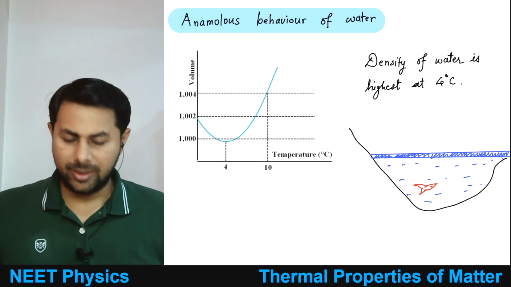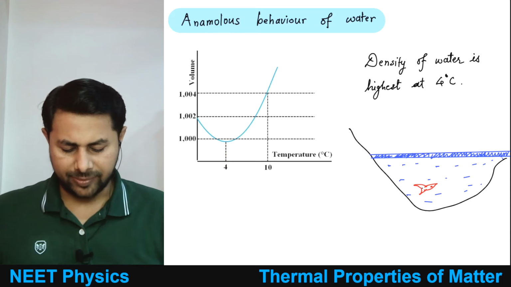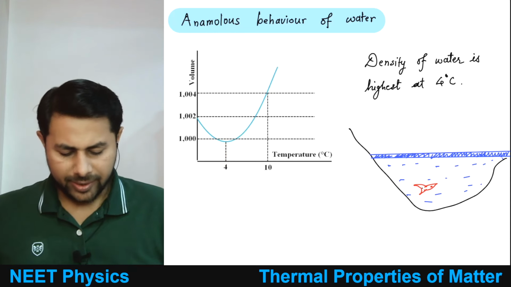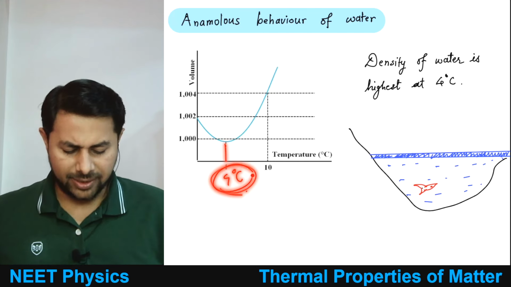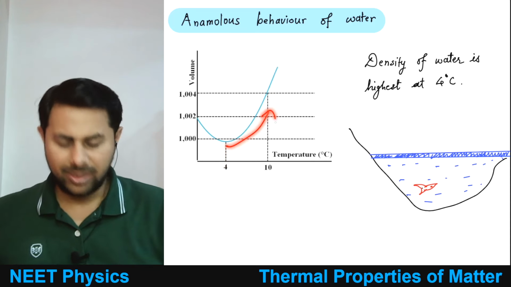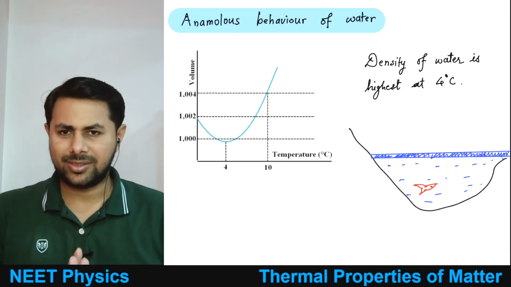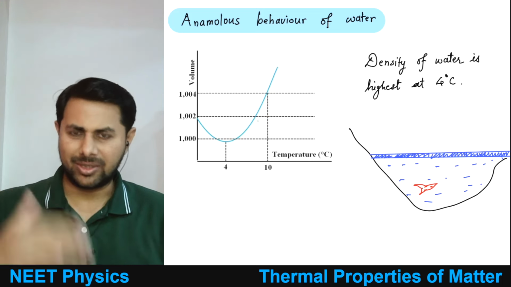But water shows its highest density at 4 degrees Celsius. That means even if you increase the temperature from 4 degrees Celsius, it will still expand and its density will decrease.